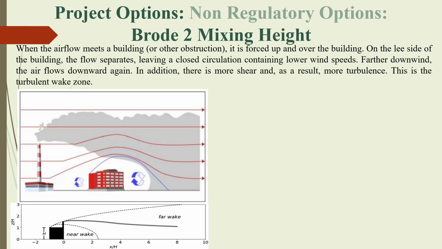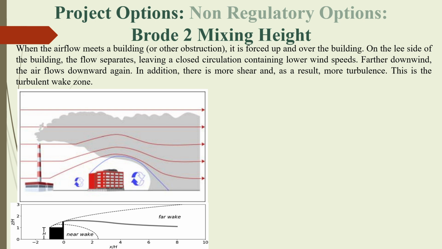So what is building downwash mixing height? When the airflow meets a building or an obstruction, it is forced up and over the building. On the lee side of the building, the flow separates, leaving a closed circulation containing lower wind speed.